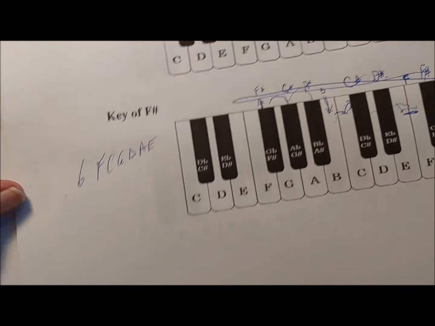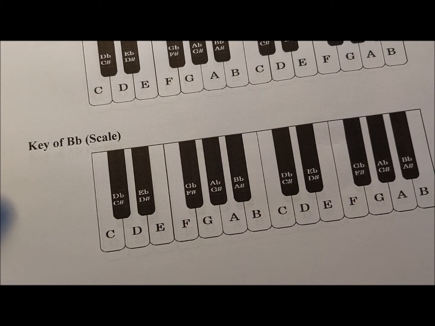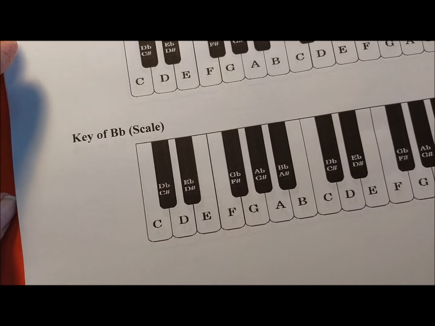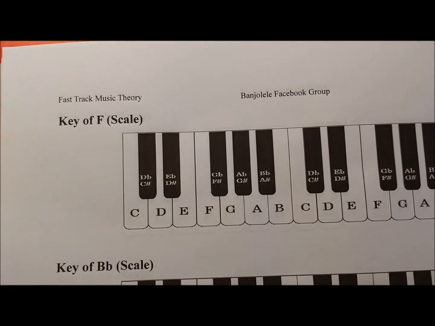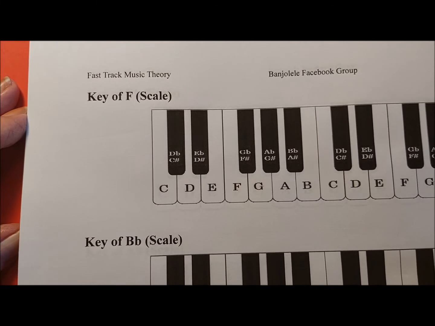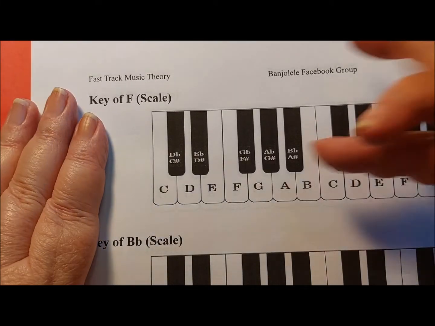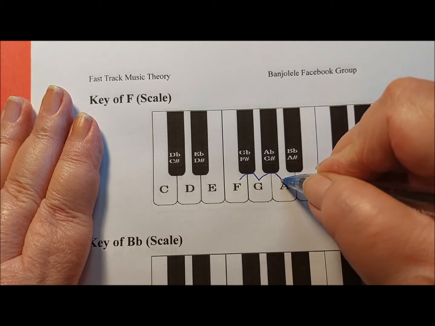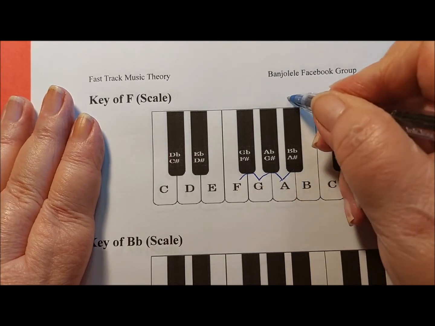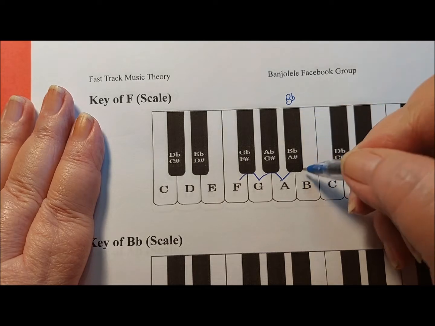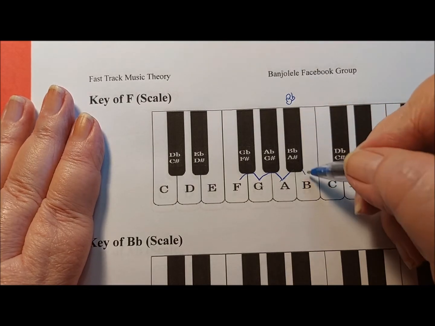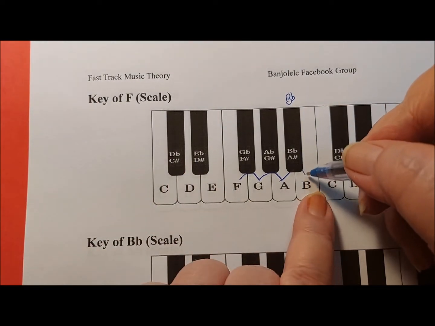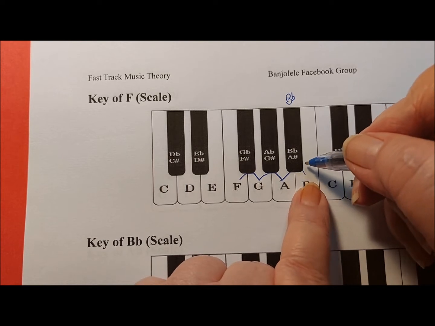Okay, let's get into our flats now. Works the same way. Whole step, whole step, half step. So if we're starting on F, F to G, whole step, then we're doing a half step, so you got your B flat. Then we can't go to B because we got to do a whole step.